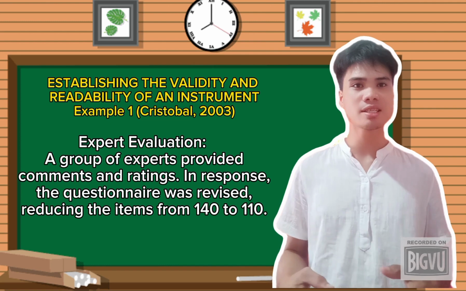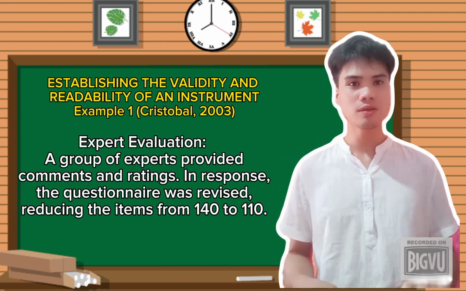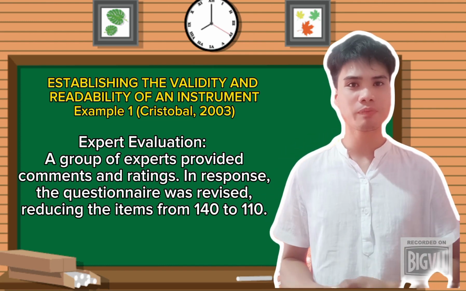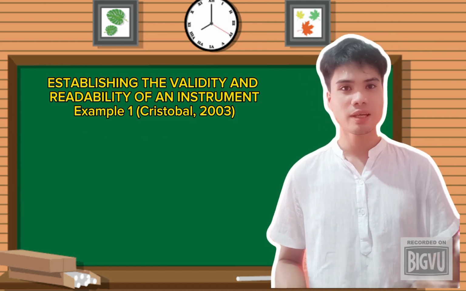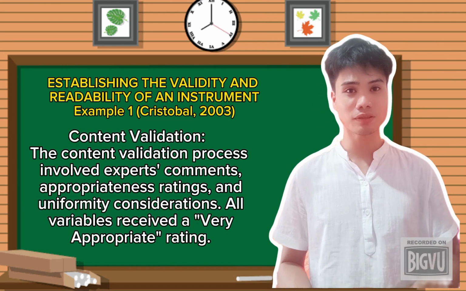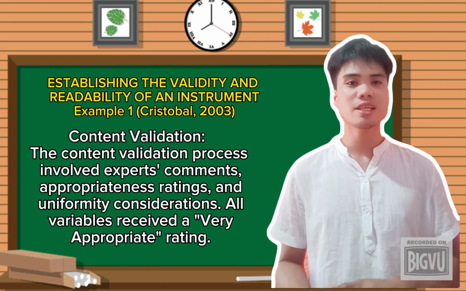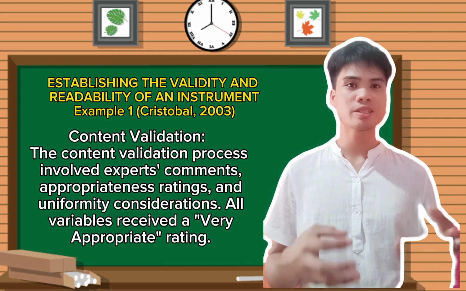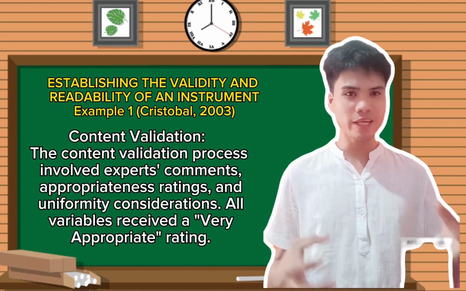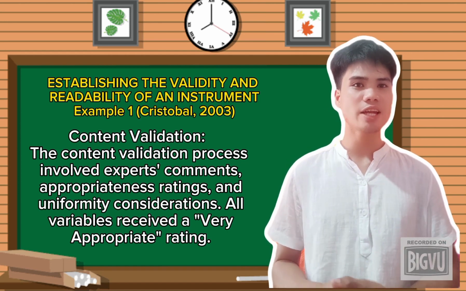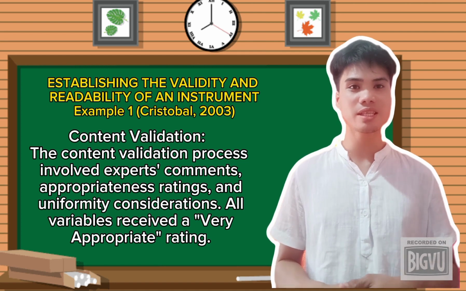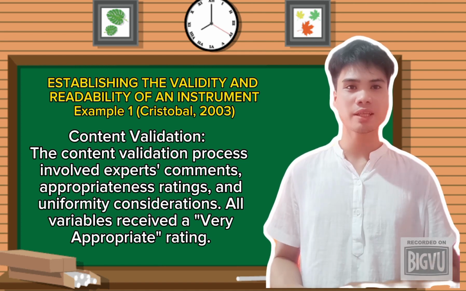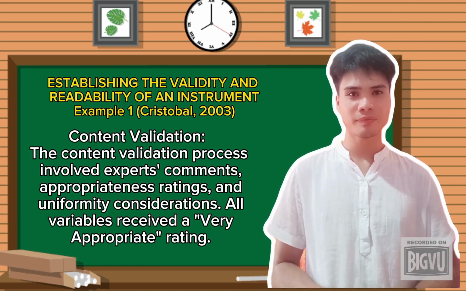The questionnaire was revised, reducing the items from 140 to 110. Next is content validation. The content validation process involves experts' comments, appropriateness ratings, and uniformity considerations. All variables received a very appropriate rating.